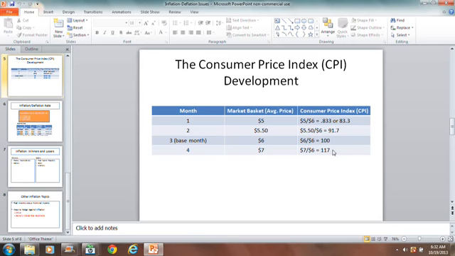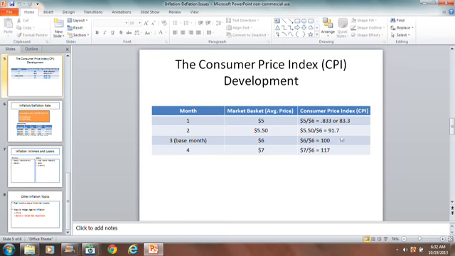For example, for month 4, where the CPI was 117 basis points, that means that prices in month 4 were 17% higher than they were for the base. If you take 117 minus 100, that difference gives you how much prices differ from the base period in percentage terms.